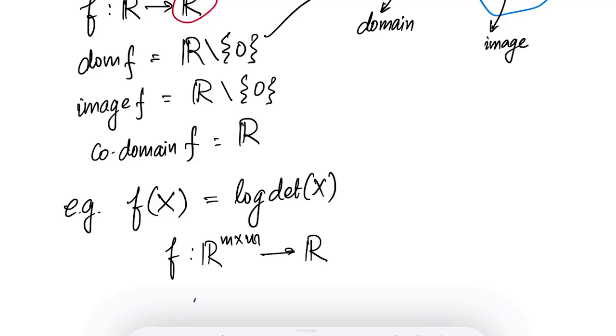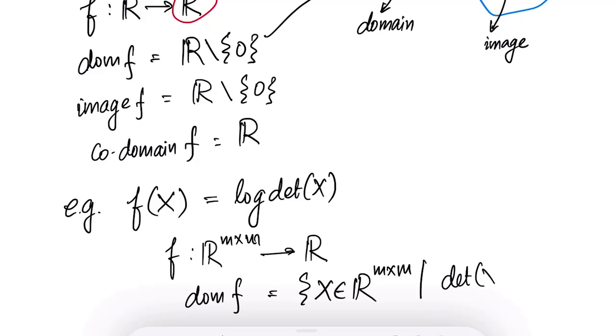However, in this case, you would probably define the domain as the set of all matrices which are m cross m such that their determinant is greater than 0, because I want output as real, so therefore I want the determinant to be greater than 0, right? So this is another example of the function and its domain definition.